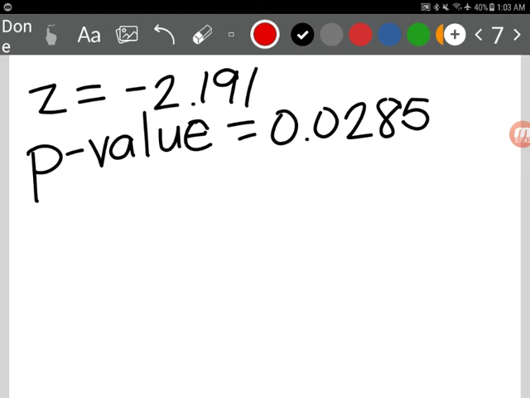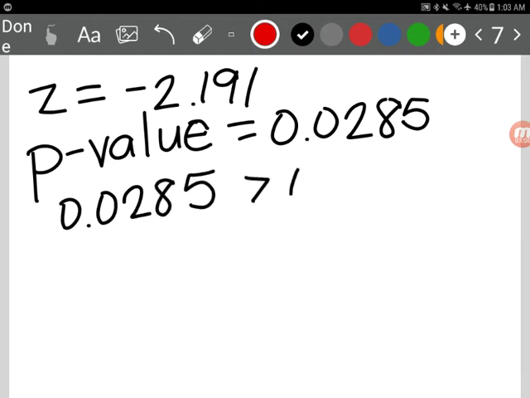So again, we want to think back at what the p-value tells me. We want to take our p-value, which is 0.0285, and see if it is greater than 0.01.